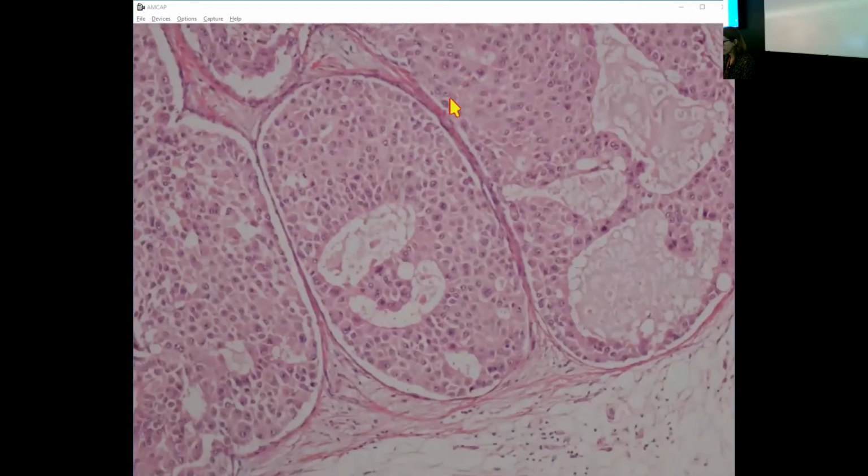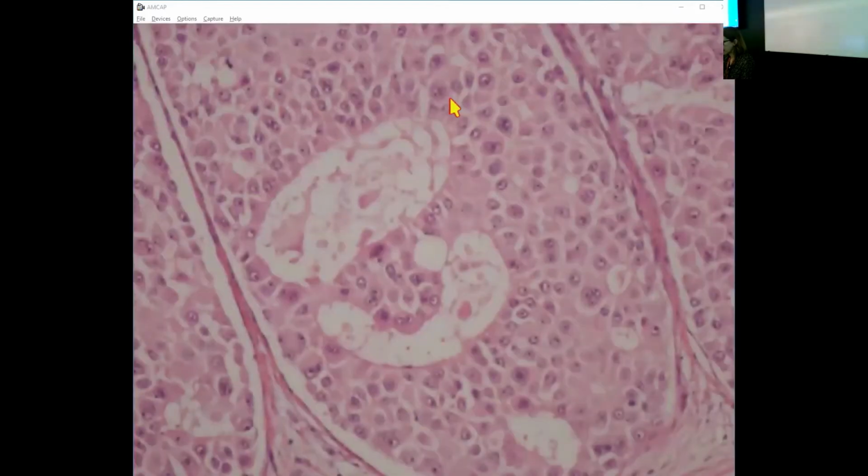How much do you rely on immunostains? So we use immunostains for in situ carcinomas where we're struggling to differentiate DCIS from LCIS.